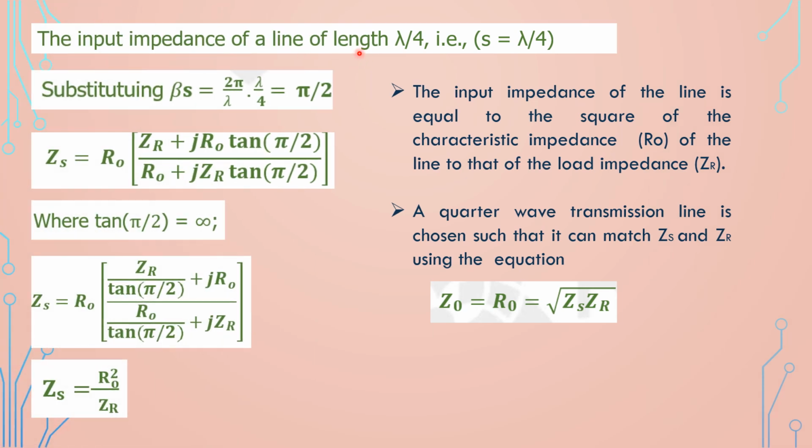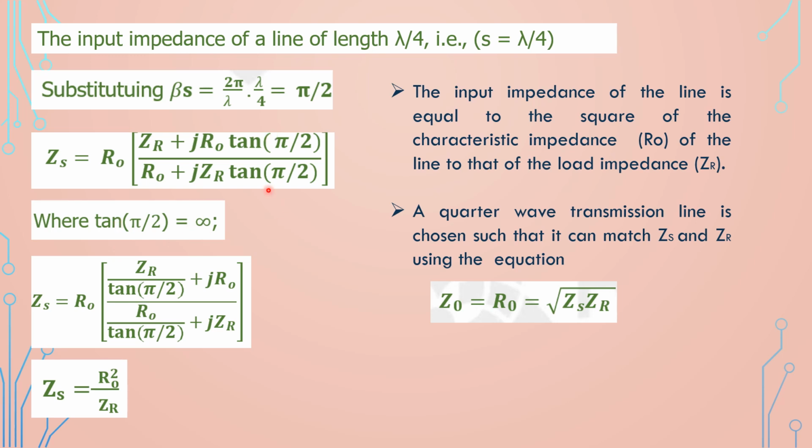The input impedance of a line of length lambda by 4, that is s equal to lambda by 4. Beta s is 2 pi by lambda into lambda by 4, which is pi by 2. Tan pi by 2 is infinity.